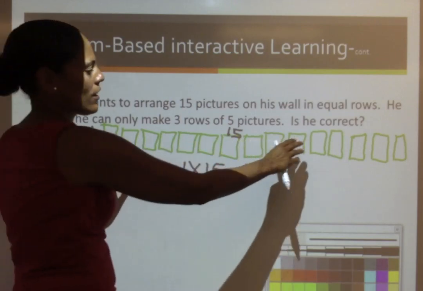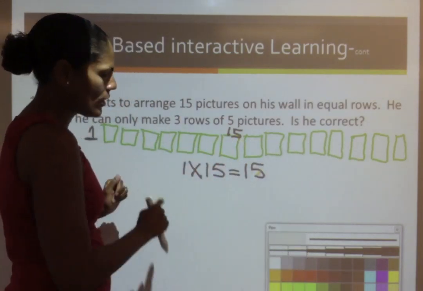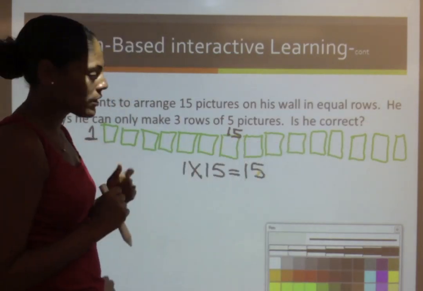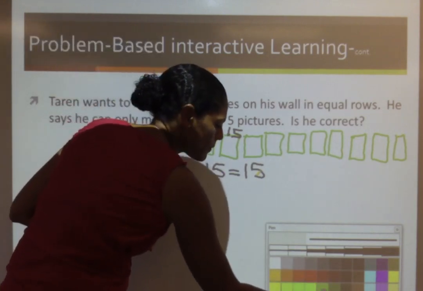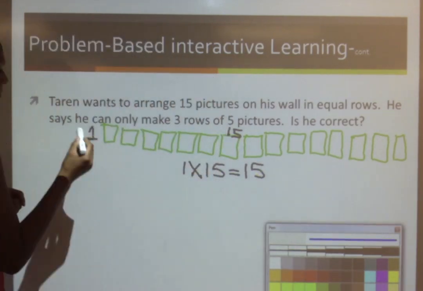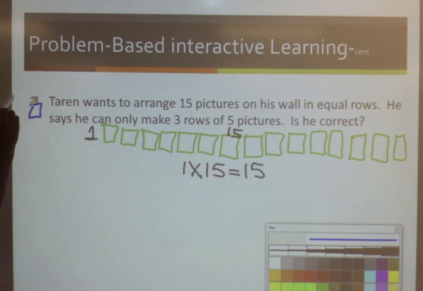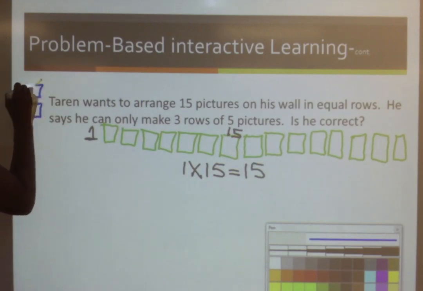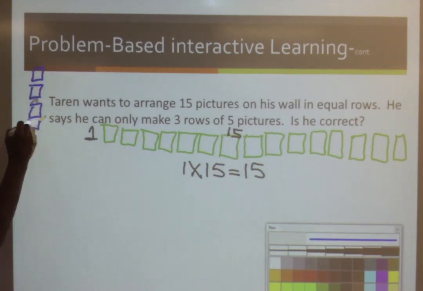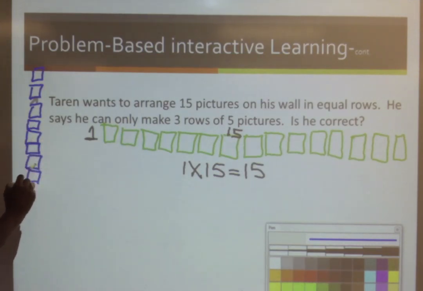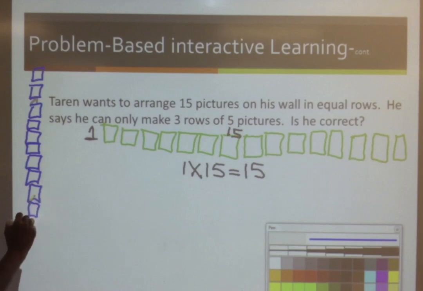What if I just flipped, instead of doing one row, can I do one column? Let's try that. 1, 2, 3, 4, 5, 6, 7, 8, 9, 10, 11, 12, 13, 14, 15. Oh, we're right at the bottom with our 15, way down here.